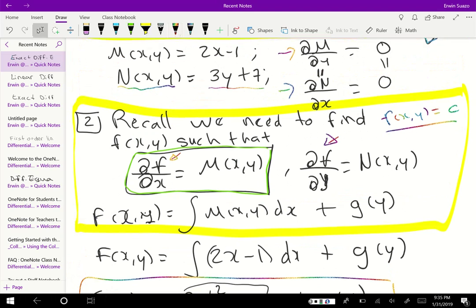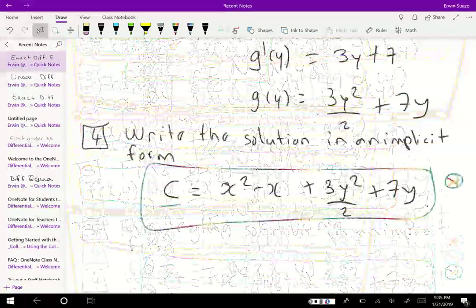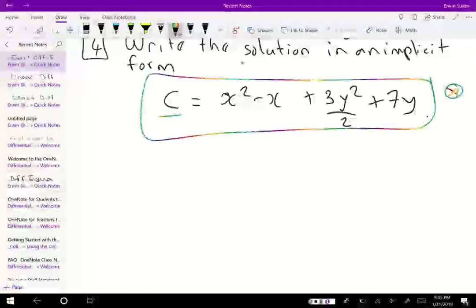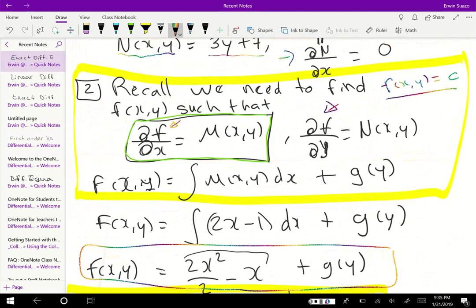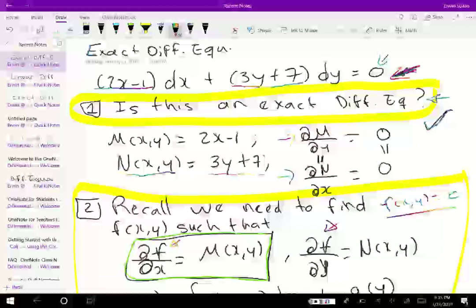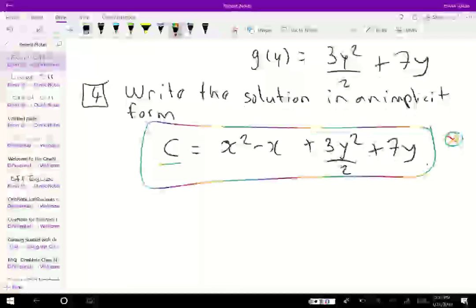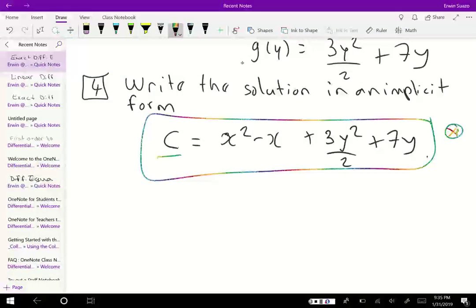And I got 2x minus 1. Now over here, my derivative with respect to y has to give me N of x,y, which in that case will be 3y plus 7. And look at this, I get 3y plus 7 because the derivative with respect to y of this is 0.